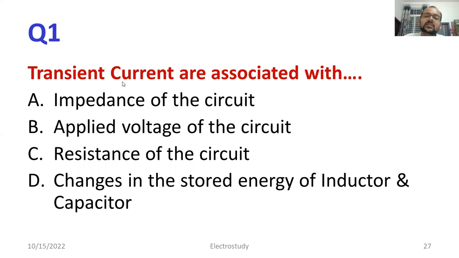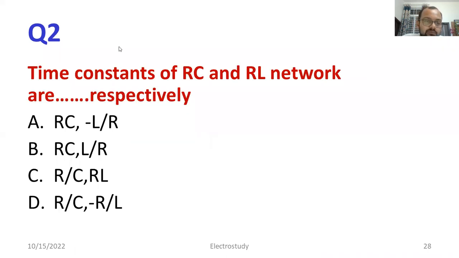Here, the transient currents are associated with the changes in the stored energy of inductor and the capacitor, because both are energy storage devices. Correct, no? The inductor stores energy in the magnetic field, whereas the capacitor stores energy in the electric field. So kindly select option D. D is the right answer.